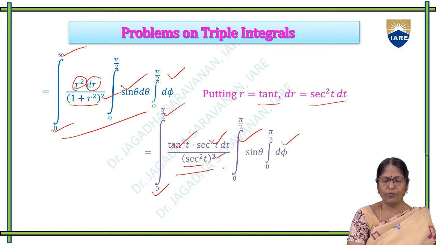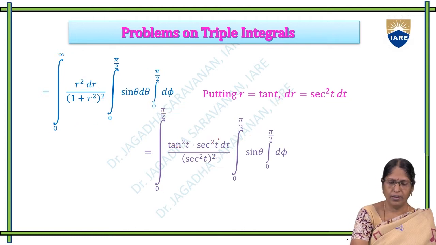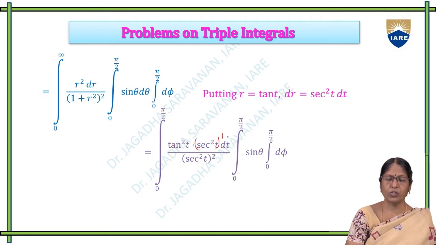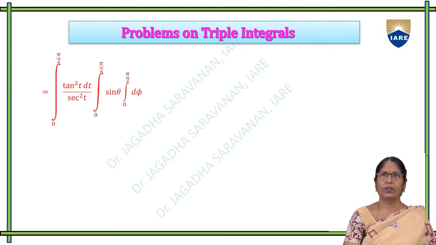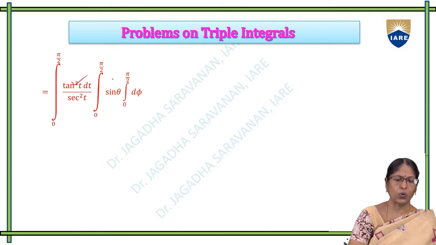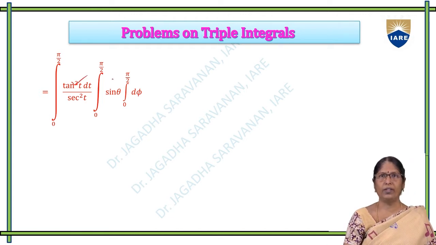For this, more simplifications we can do. Here secant square, one power is 1, whereas down is 2. So that simplified, we obtained tan square t by secant square t.